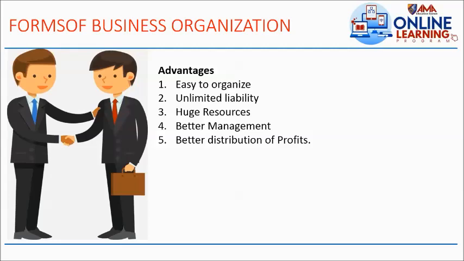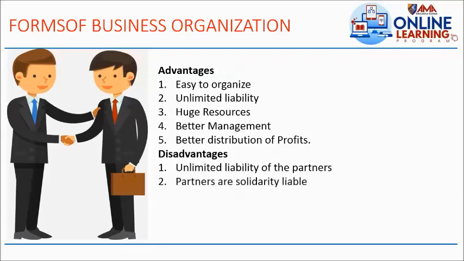Next is better distribution of profits. Of course, it depends on the written agreement whether it's 50-50, or it can be 70-30 or 60-40 with the profit. Next, disadvantage and limited liability of the partners.